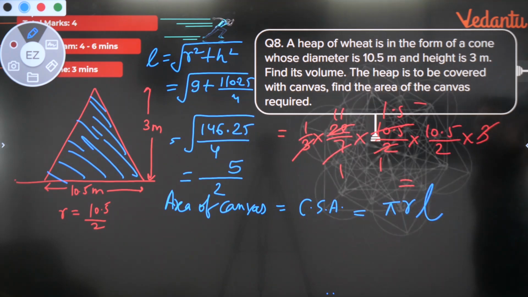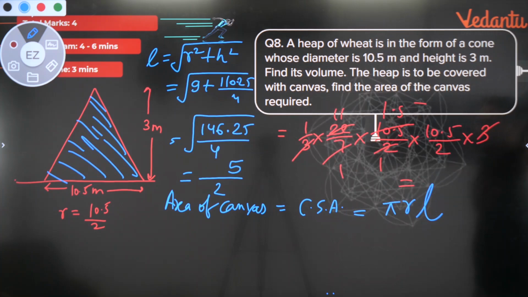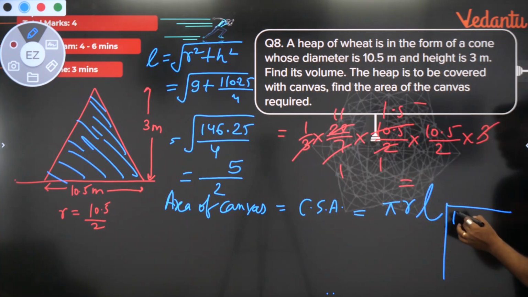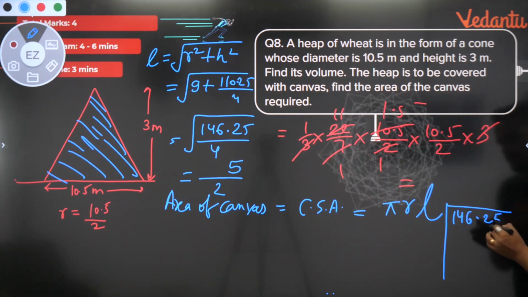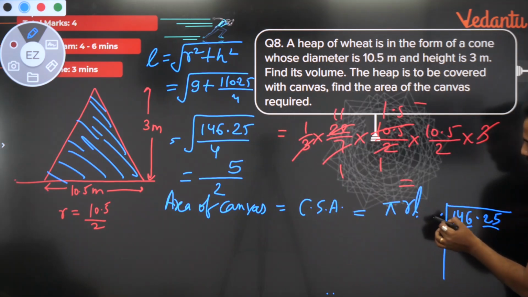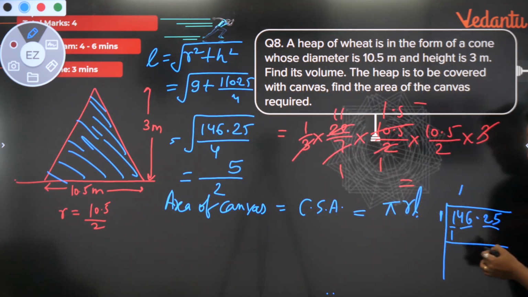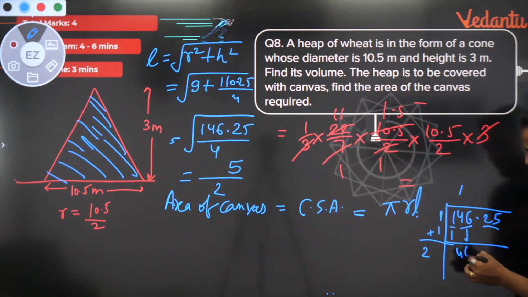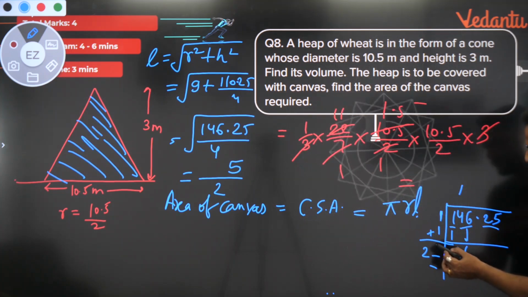So cube root of 146.25. Let's check. Let's do the long division method. So 146.25. So this is one pair. So I will say that, sir, it will be equal to 1 1s are 1. Okay, 1 plus 1 will be equal to 2. Then get 46 down. So 22 into 2 is 44.